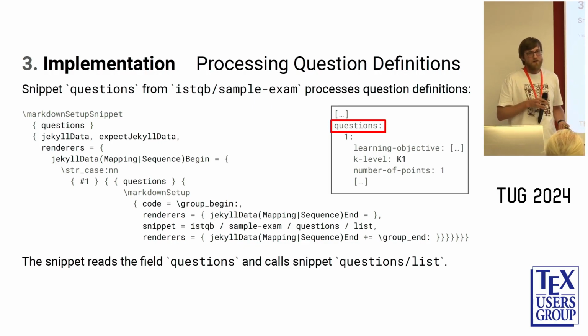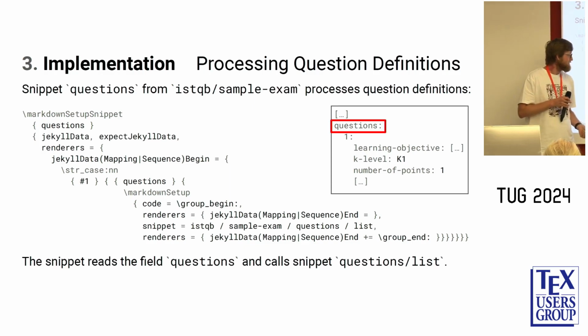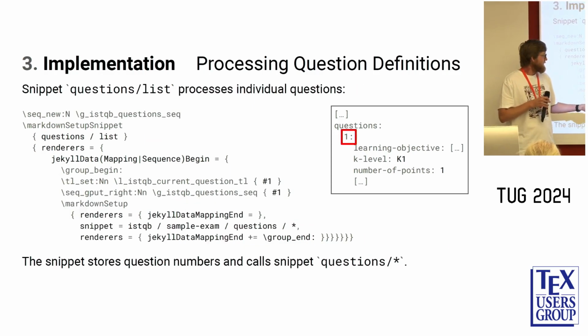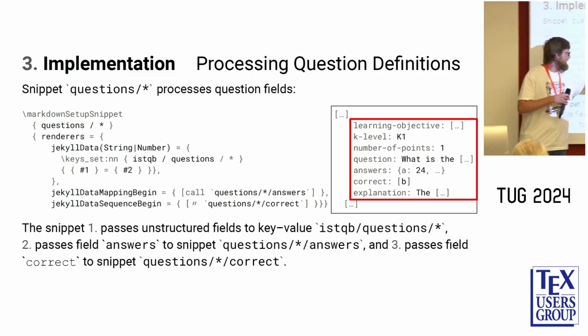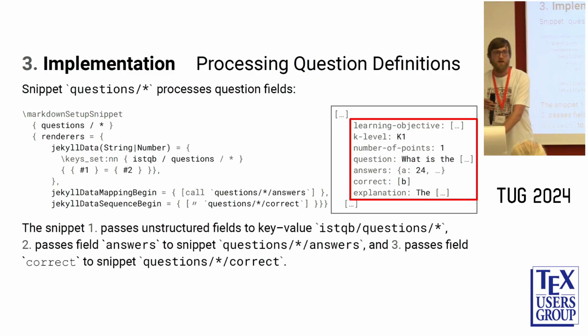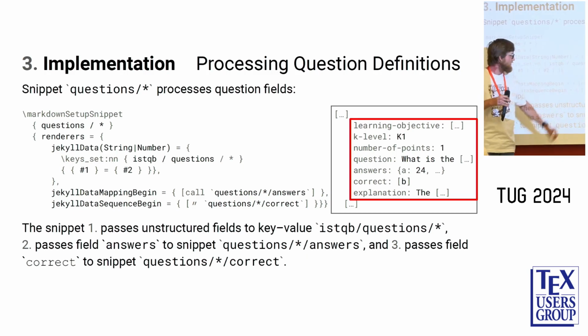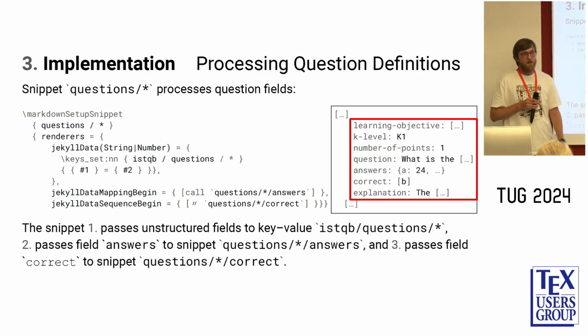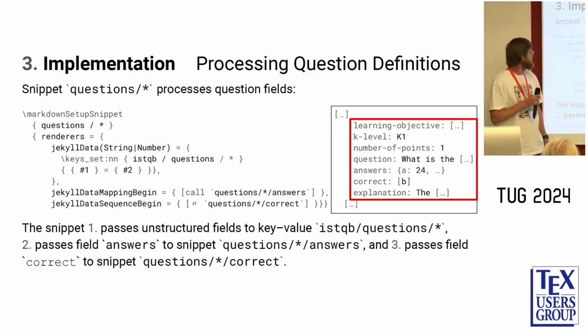We are likely going to have some syntactic shorthand for this in the future. I discuss this more in the preprint, but here, because I don't have enough space on the slide, I just said call the snippet. I think it's even more readable this way.